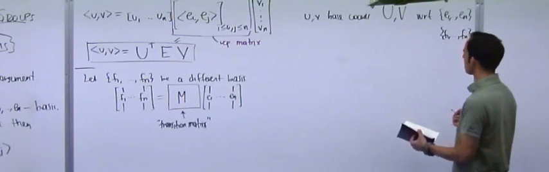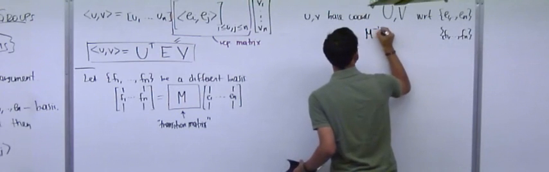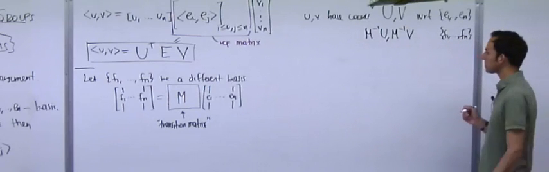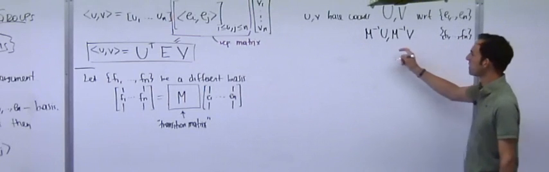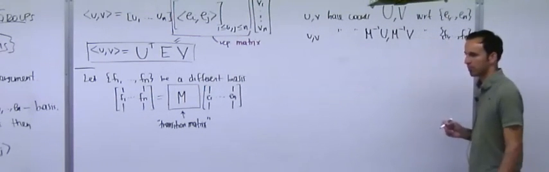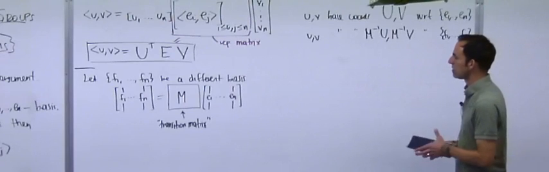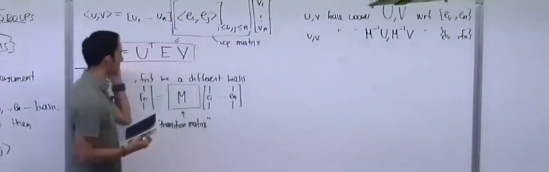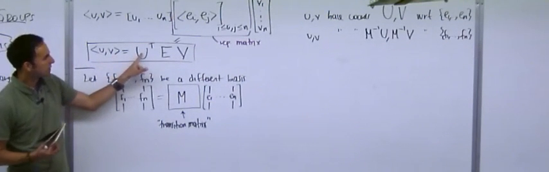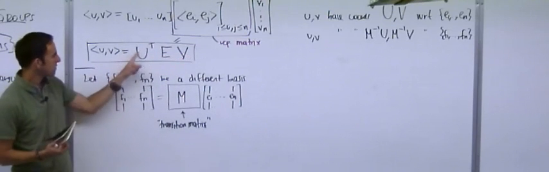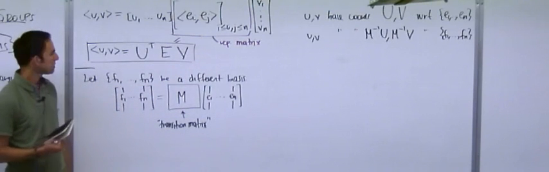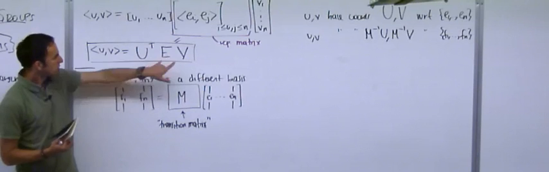And if you just think about this carefully for a second, you're going to find that all you have to do is multiply by M inverse on the left. And these will be the coordinates of u and v with respect to the new basis. Okay? And so the point is that I want to know what the equivalent of this statement is with respect to the new basis. And now I know that instead of U, I have to write M inverse times U. Instead of V, I need to write M inverse times V because those are the new coordinate matrices for u and v.